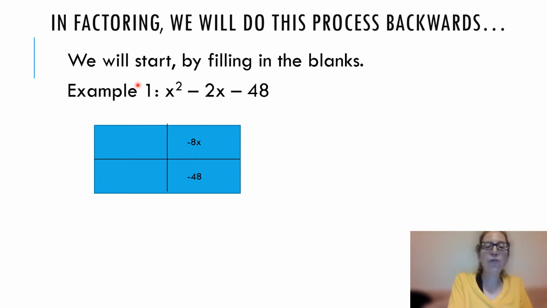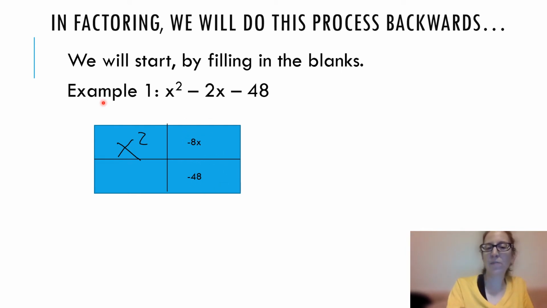So if you think back to the other ones that we've done, we've had x and gotten the x squared. So if you're thinking to yourself, okay, that's probably the x squared, you would be right. Now, here's where it gets a little bit tricky. You can see the x squared. You can see the negative 48.